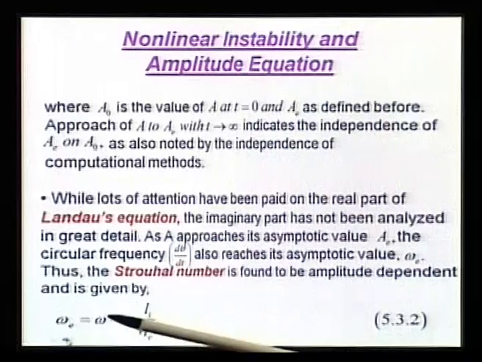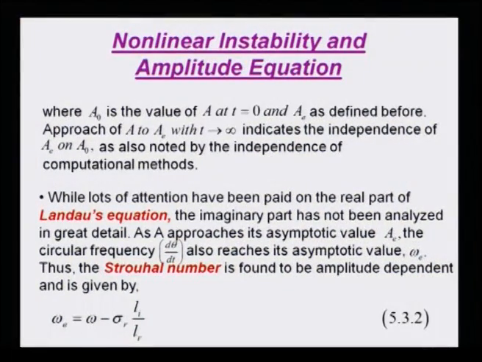So, it shows that it is totally determined by the system dynamics, does not depend on amplitude. Unfortunately, though, lots of experimental investigation has been carried out thinking that the Strouhal frequency is a function of amplitude, which is not true.